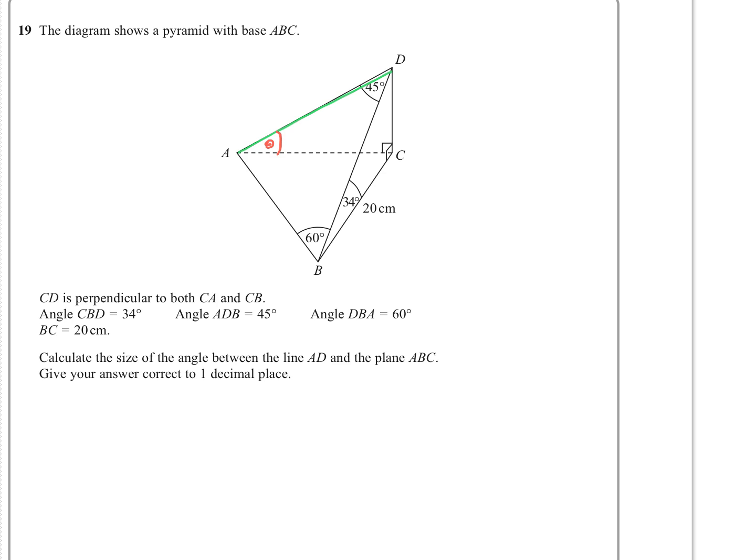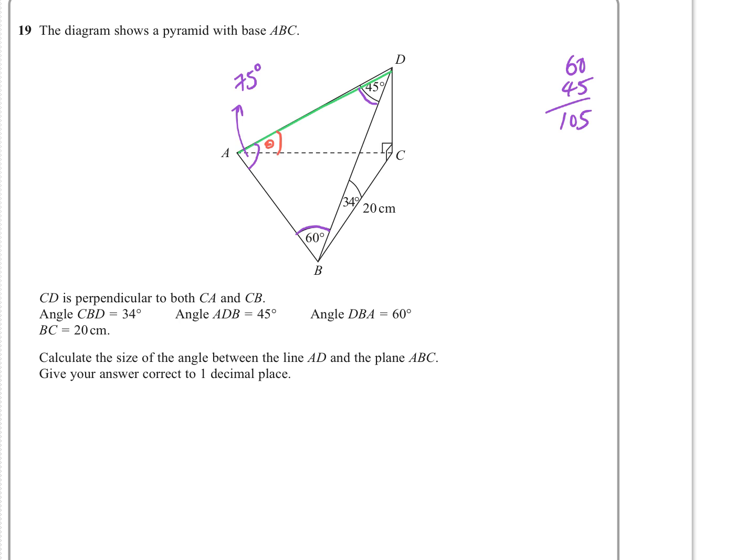Now, the important thing to do is try and find some of the angles that we can work out easily from the diagram. So in the plane ADB, because we're already given this angle is 60 and this one's 45, well, 60 and 45 makes 105, so this angle here would be 75 degrees.